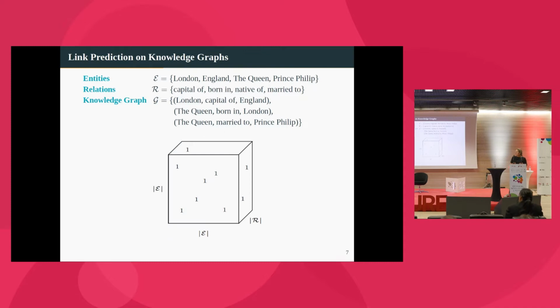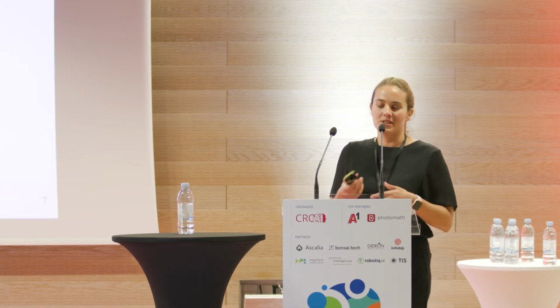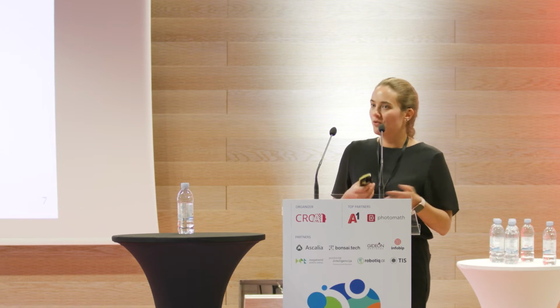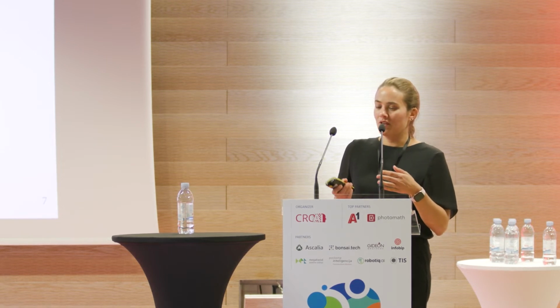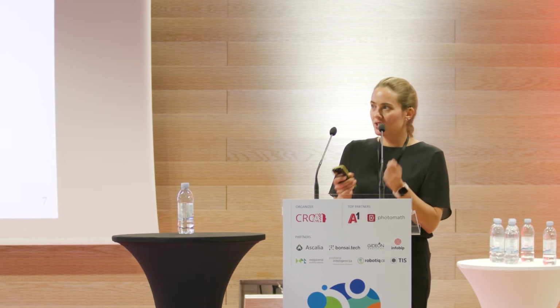This is done by representing this knowledge graph as a sparse binary adjacency tensor of knowledge graph triples. If you don't know what tensors are, they're essentially just a generalization of vectors and matrices. Vectors are a one-dimensional data structure, matrices are two-dimensional, and tensors are everything three-dimensional and above. A normal graph, for example, who is friends with whom on Facebook, would have an adjacency matrix where we would see who's connected to whom.